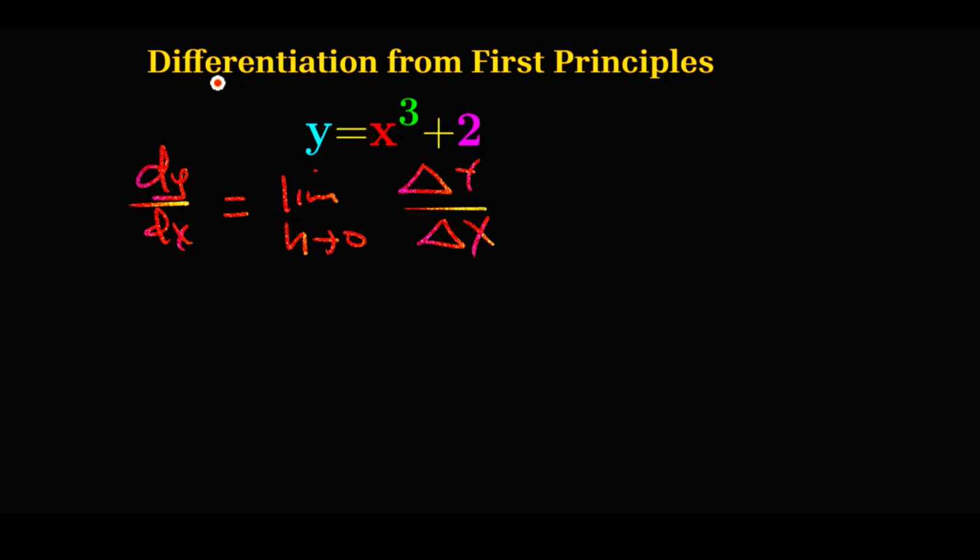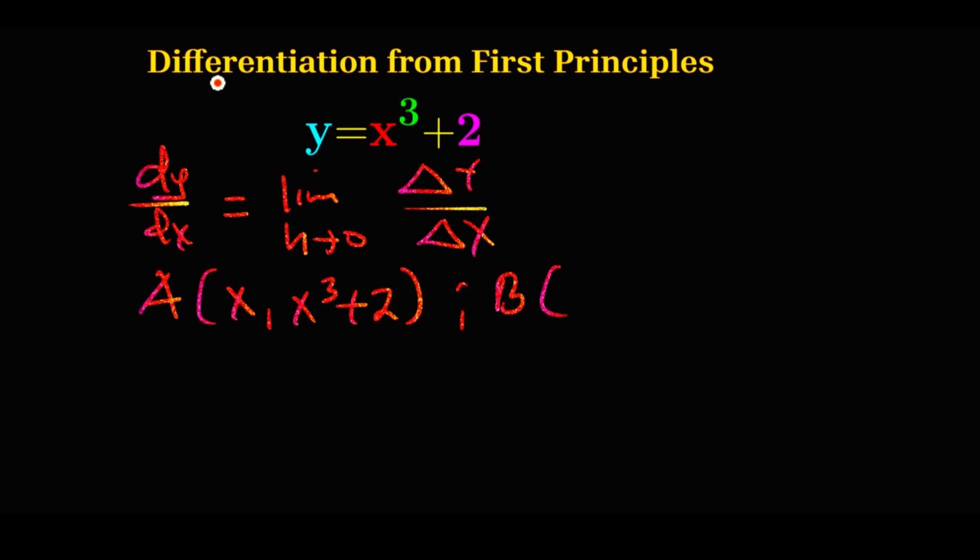So the first thing, for us to get change in y over change in x, we need 2 points. The first point will be given by x and y, where y is x cubed plus 2. So when you move along the curve, we reach another point b, and there will be some change in the value of x.